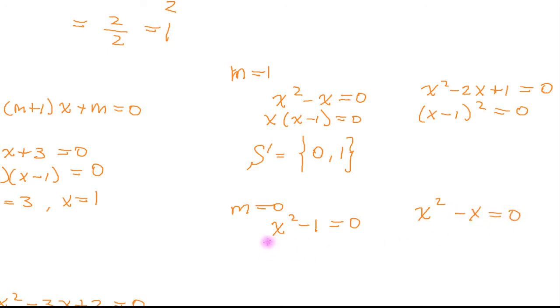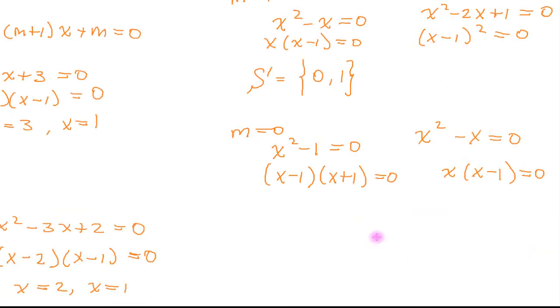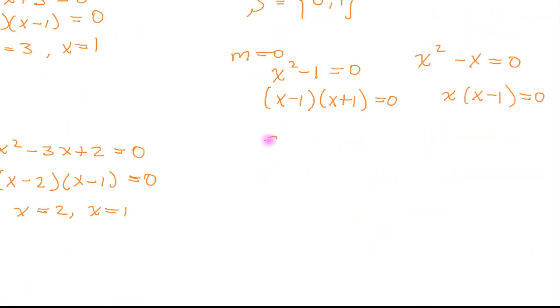So this one factorizes as x minus 1 times x plus 1 equal to 0, and this will factor into x times x minus 1 equal to 0. So the solution set will contain what? Will contain negative 1, 1, and 0. So it has 3 elements in there. So we can't choose that set.